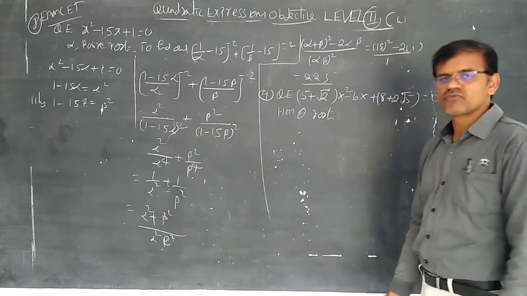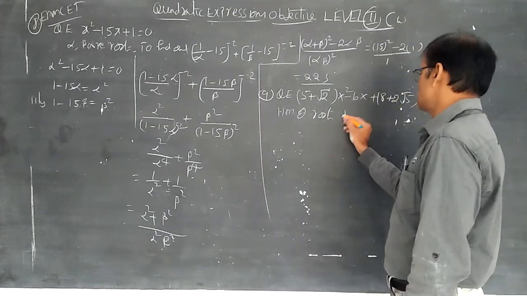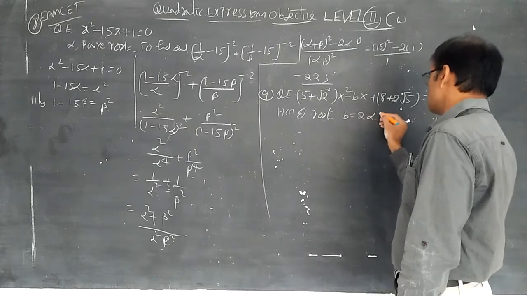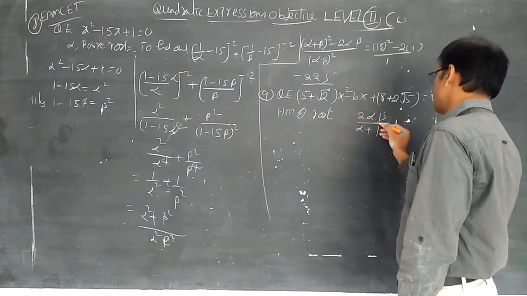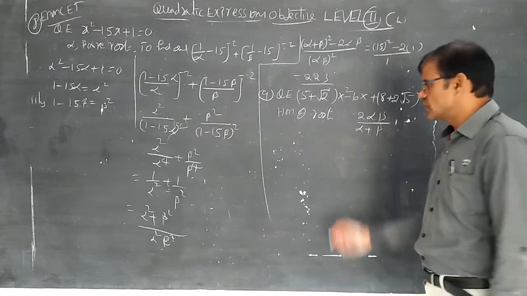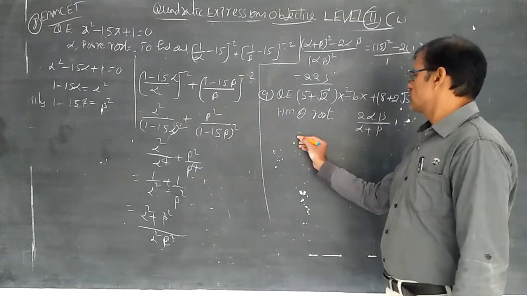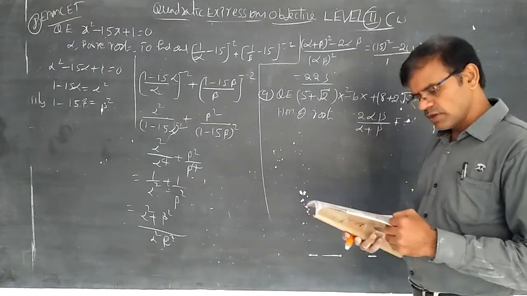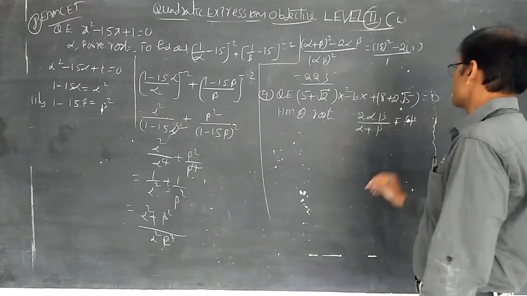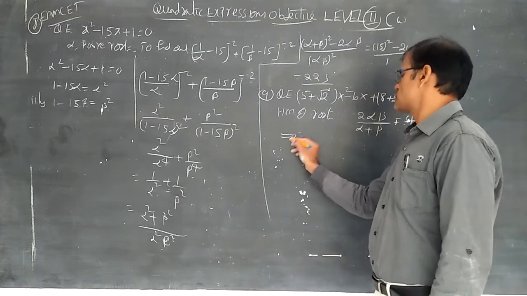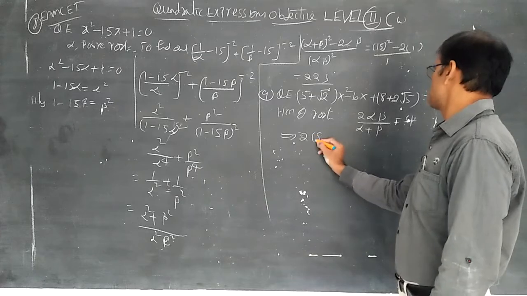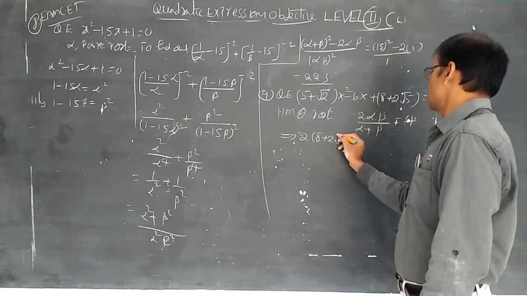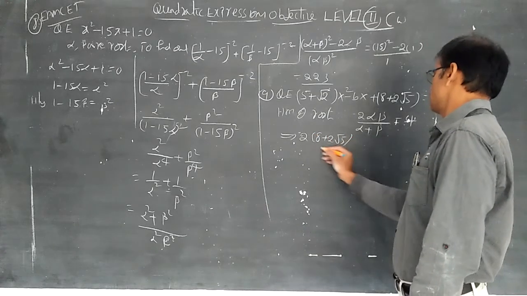Students, the harmonic mean formula is 2 alpha beta by alpha plus beta, which is 2 AC by A plus C in terms of the coefficients. The harmonic mean is given as 4. So you can write 2 into alpha beta, that is 8 plus 2 root 5, by 5 plus root 2.